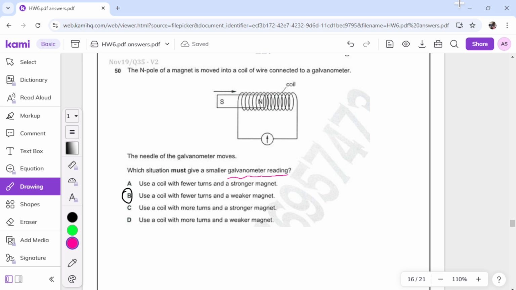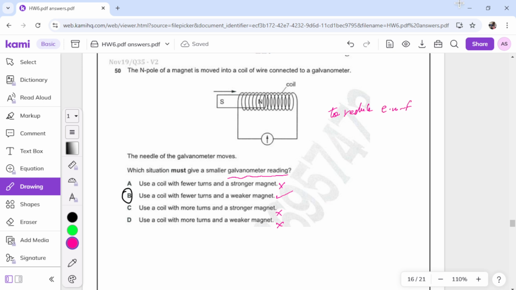A stronger magnet will give us a stronger current. Use a coil with fewer turns and a weaker magnet. This is correct because it will reduce the current. Use a coil with more turns and more, so incorrect. I want to reduce EMF and the current, so I have to use fewer turns and a weaker magnet.